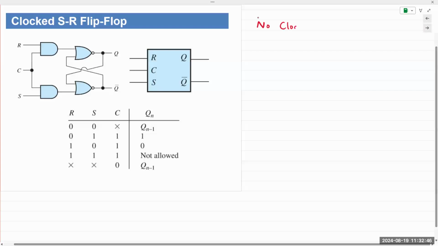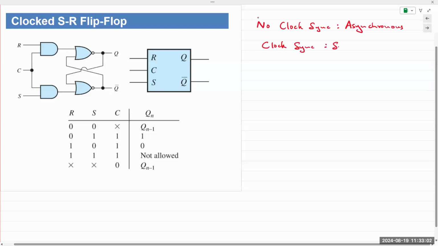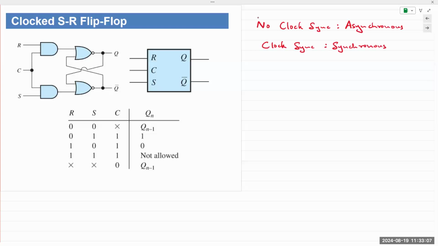So no clock synchronization, the system is known as asynchronous. And if clock input is present, then we call it a synchronous system, synchronized to a clock input.